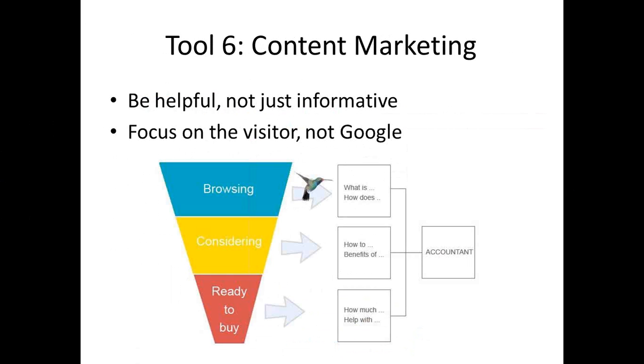It really could mean any manner of audiovisual information you have on your website that is helping to feed the buying cycle. And again, that's really the principle here, is that content isn't just for the sake of content. Content should always be feeding the buying cycle.